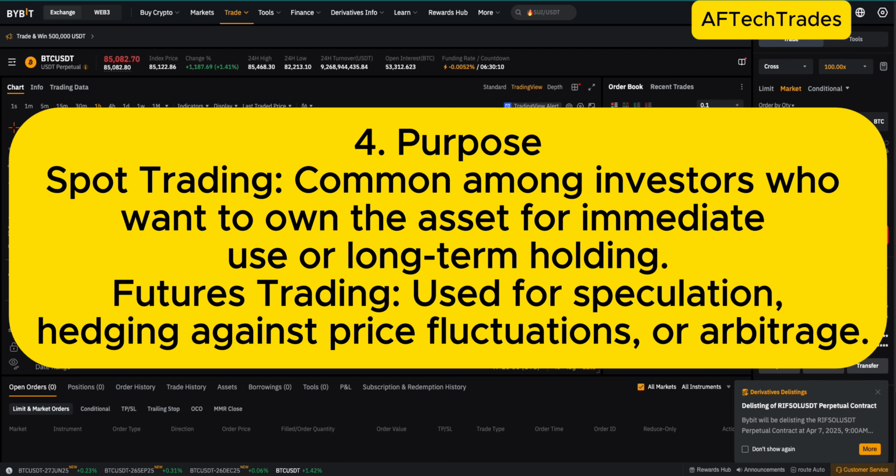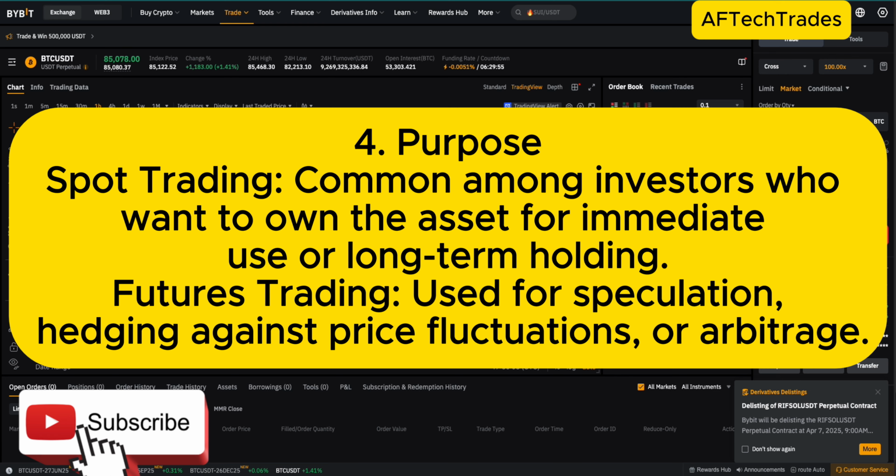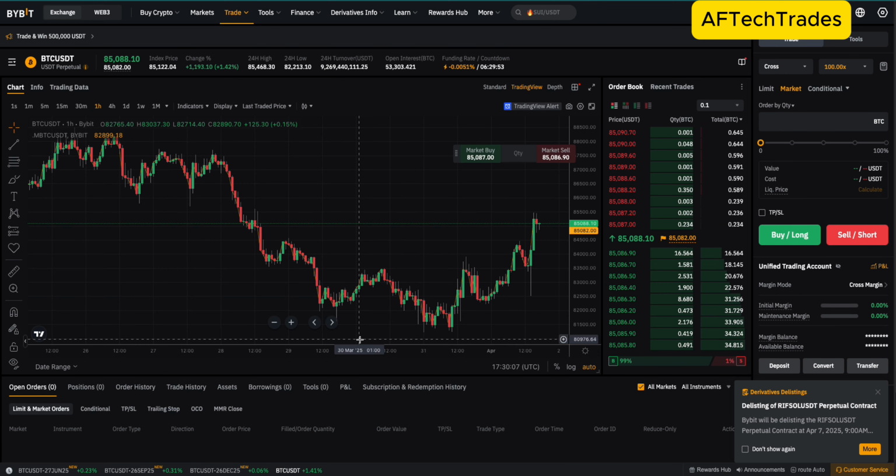And futures trading is used for speculation, hedging against price fluctuations or arbitrage. You see the difference here? So it is left for you to choose what you want.